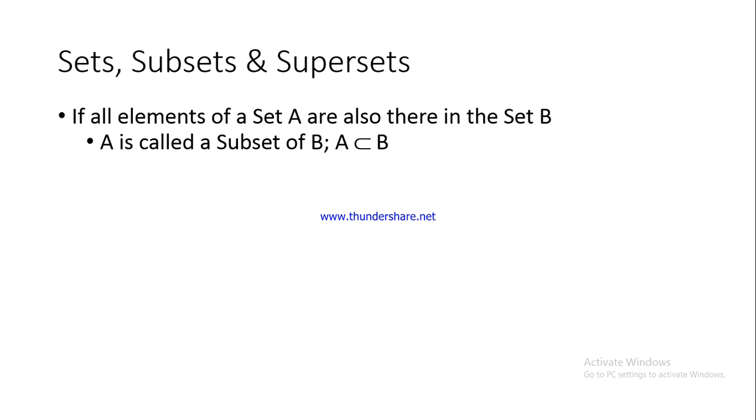This looks like a C. So basically this is a symbol used to denote a subset. So A is a subset of B because all the elements of A are also there in set B. In this case we can also say that B is the superset of A. Because A is the subset of B, B has to be the superset of A. Is this fine?